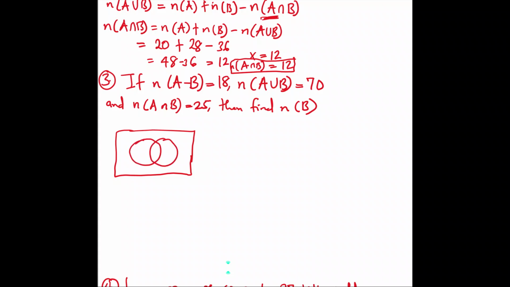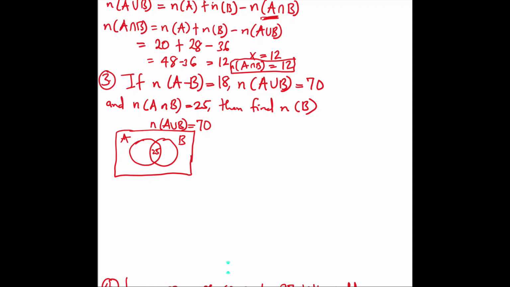So if we draw the two sets A and B, and the number of A union B is equal to 70. We know that what is common between A and B is 25, so this place will be 25. Then it says the number of elements in A that is not in B was represented as n(A minus B) is equal to 18.